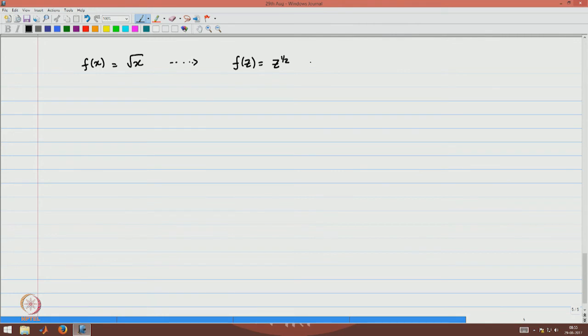Now, z raised to half I can write as x plus I y raised to half, okay. And this does not seem very intuitive, but let me write it slightly differently. Okay. I will write this as r e to the I theta raised to half, and this is equal to r raised to half e to the I theta by 2. Okay. So, now what does this look like?